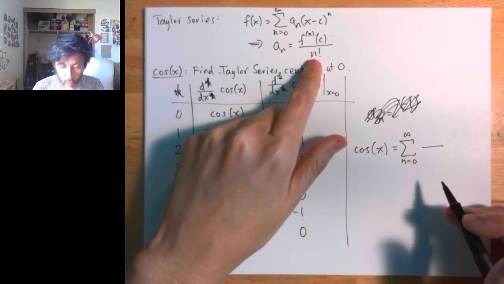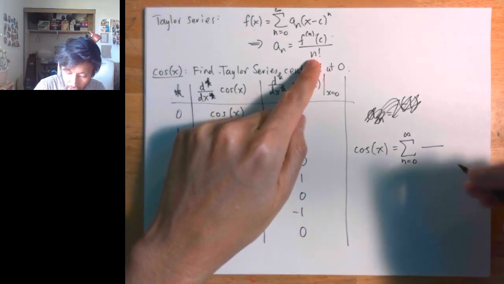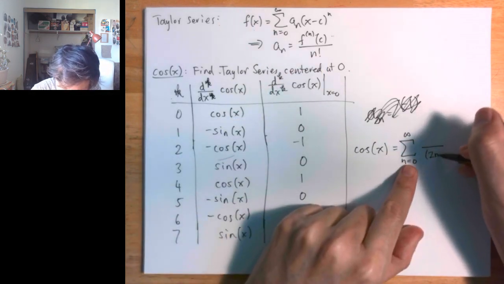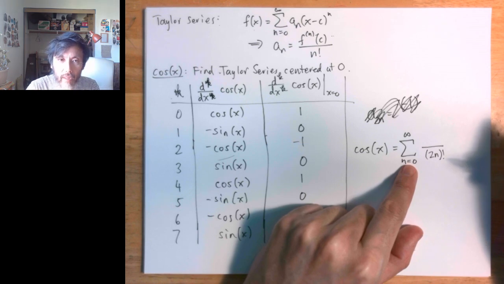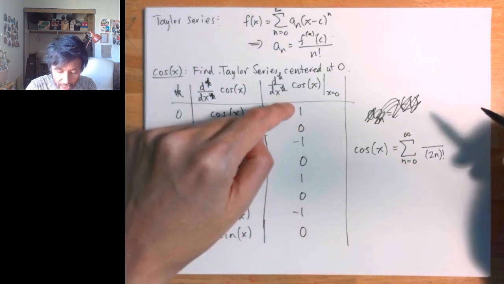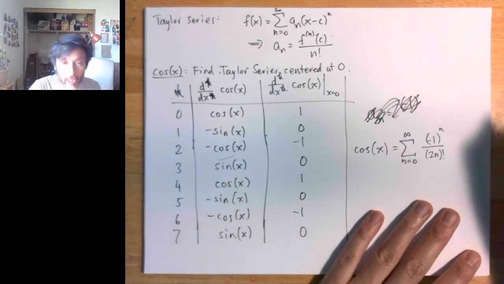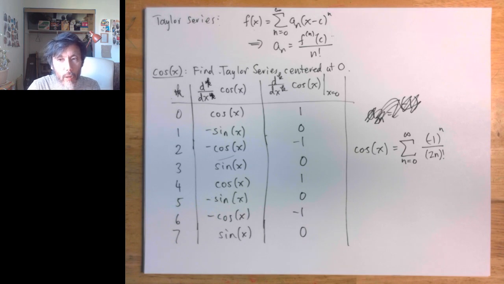And then what will this n factorial be? Instead of being n factorial, it's going to be 2 times this index here, factorial. Okay? Does this make sense? And then how do we get this alternating sign gadget? It's going to be -1 to the nth power. All right? And then what do we multiply?